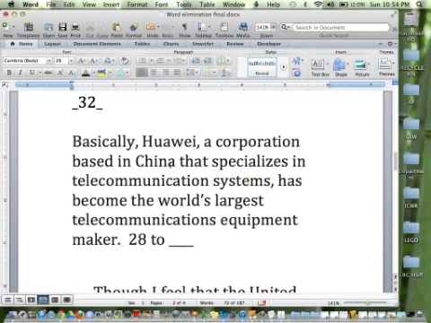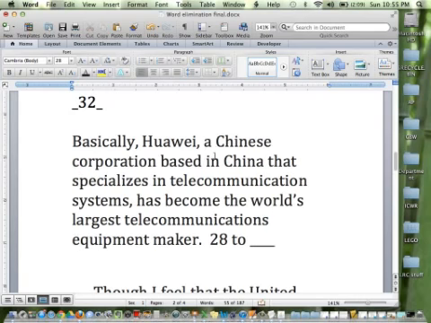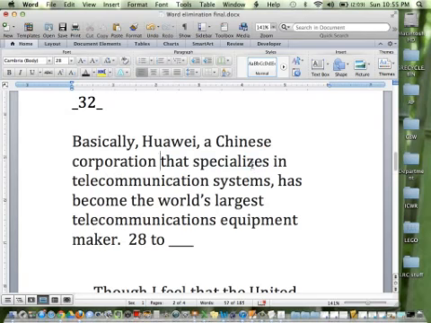Ooh, you know what? I've got 3 words here, and I think this is more accurate. It's not based in China. It's a Chinese corporation. Basically, Huawei, a Chinese corporation that specializes in telecommunication systems, has become the world's largest telecommunications equipment maker.